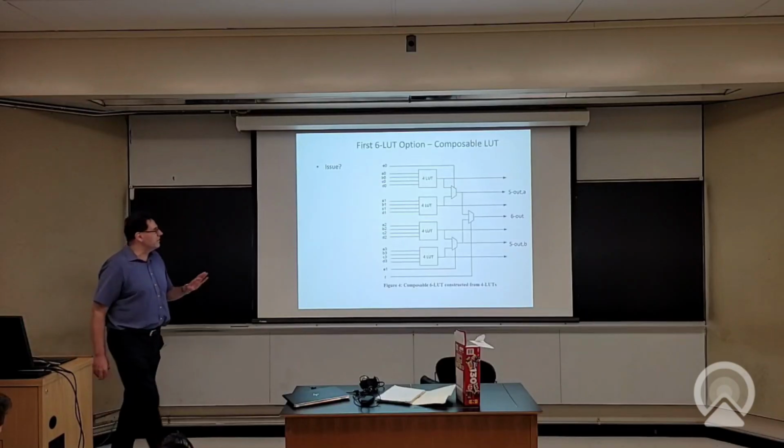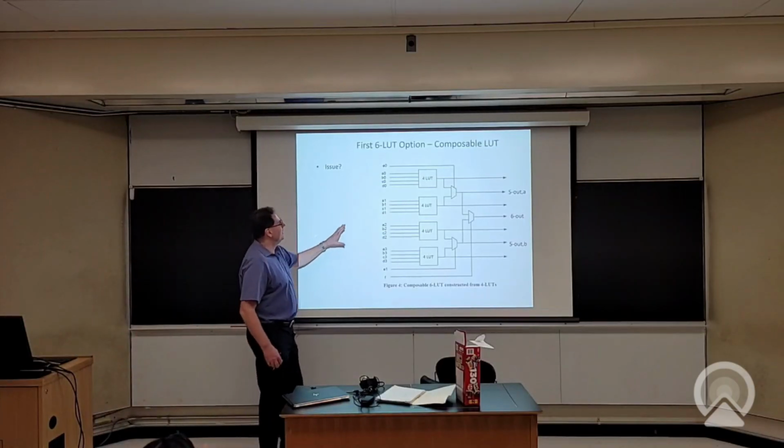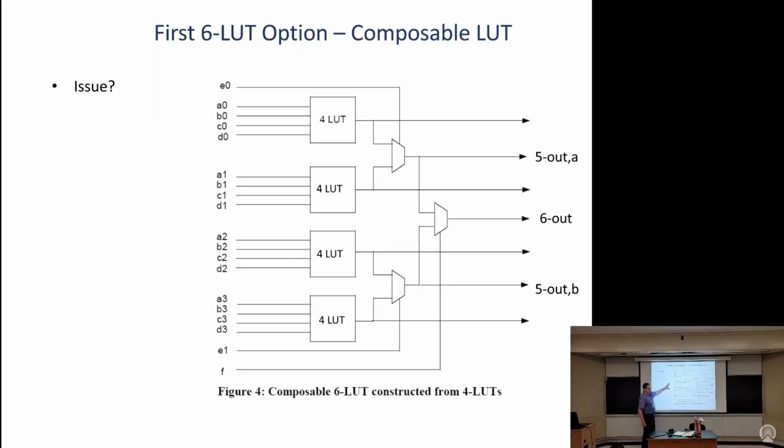Okay, so here's the first 6 LUT option, what the paper calls a composable LUT. The key thing to realize is that to make a big LUT, like a 6 LUT, you have to make small LUTs first. So I've got 4 input lookup tables here: 16 SRAM cells and a 4-level mux. I do that 4 times.